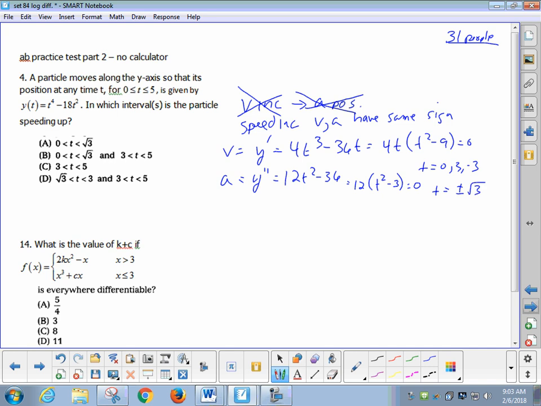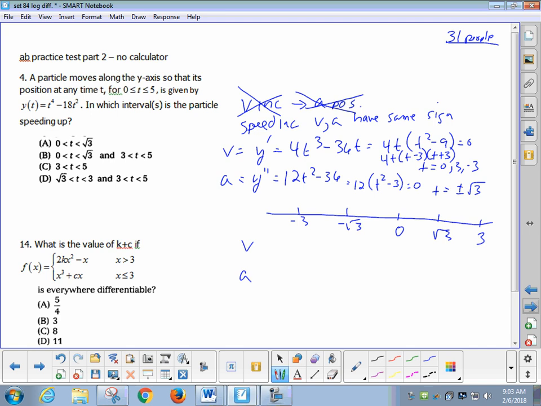I personally was taught then to, rather than do one sign chart, do kind of a super sign chart. You have up to negative 3, then negative root 3, then 0, then root 3, then 3. And I say, what about the signs of velocity and acceleration? Velocity factors that way. You can sign test it, and you look for where they have the same sign.